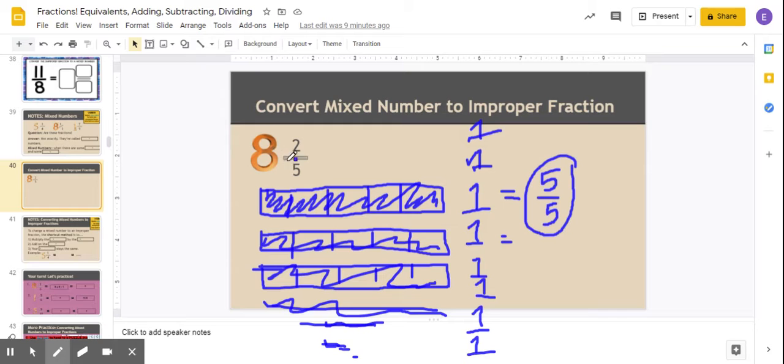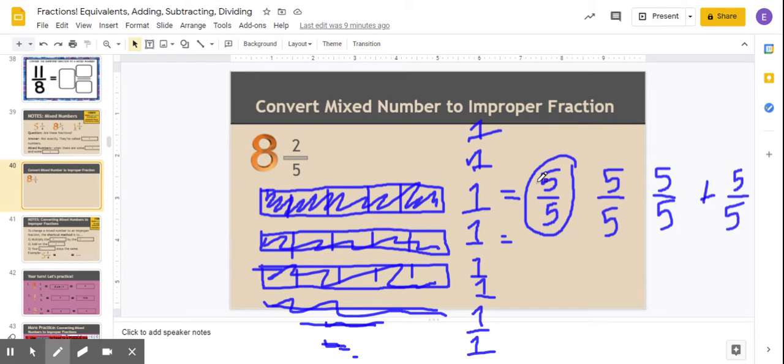Okay, so the reason why that shortcut method works, where you take 5 and multiply it by the whole number, is that you are doing 5 out of 5 plus 5 out of 5 plus 5 out of 5 plus 5 out of 5, and you're going to do that 8 times.